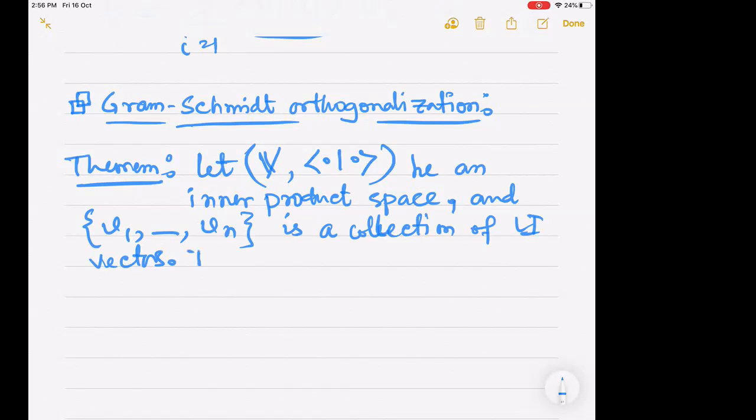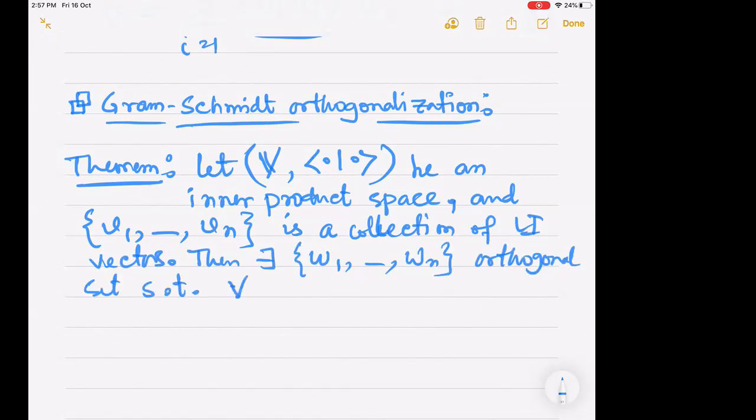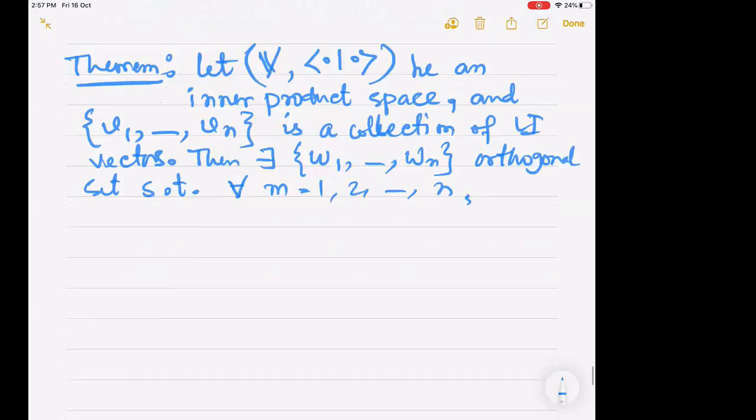Then there exists W1 up to Wn, which is an orthogonal set, such that for all m equal to 1, 2, 3, up to n, the span of v1 up to vm is equal to the span of w1 up to wm.